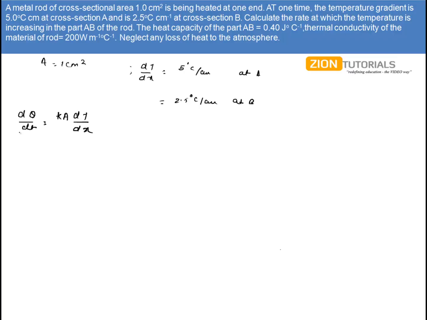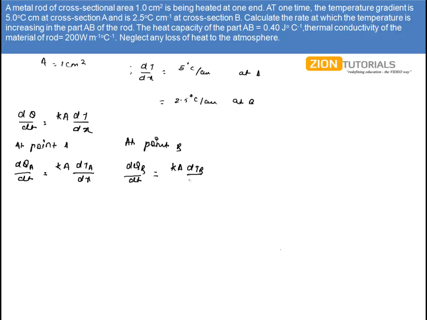Let's say at point A I have dQA by dt is equal to KA dTA by dx, and at point B similarly I can write dQB by dt is equal to KA dTB by dx.